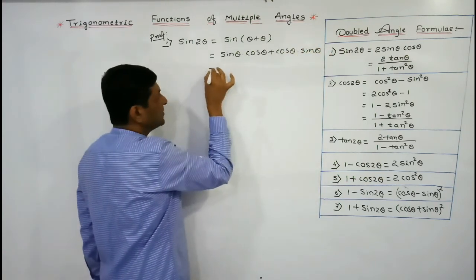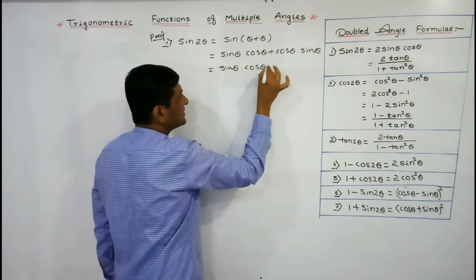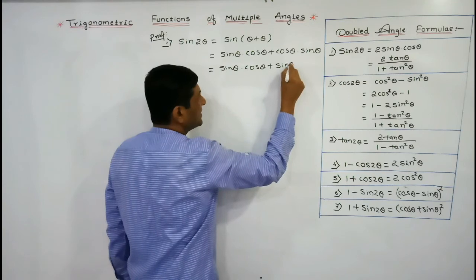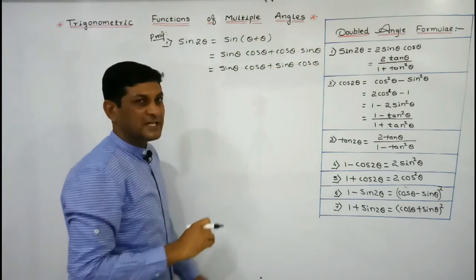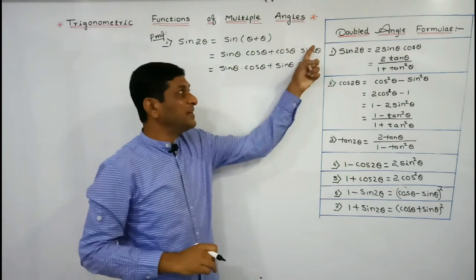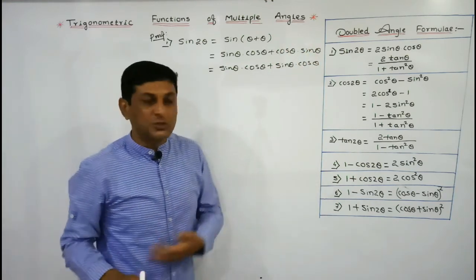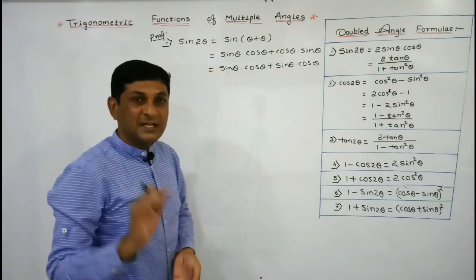So which is equal to, now this sine theta into cos theta, keep it as it is. Here cos theta into sine theta can be written as sine theta into cos theta, because we know that multiplication satisfies commutative property. A into b can be written as b into a. Now we are taking addition of these two terms. Sine theta into cos theta plus sine theta into cos theta is what?